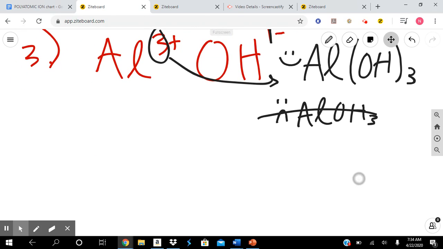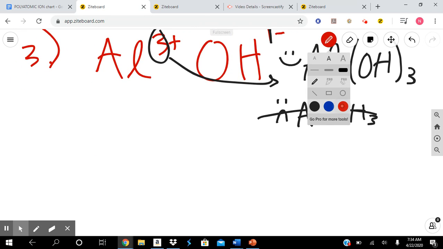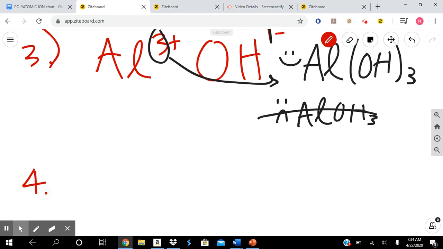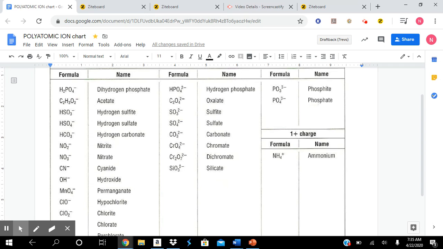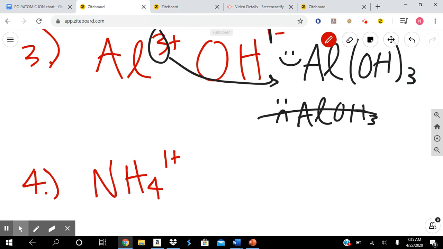Okay, number 4. Number 4 is ammonium chromate. Ammonium is that positive cation. Chromate is CrO4, 2 minus.